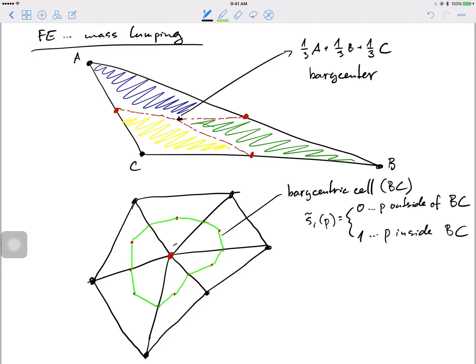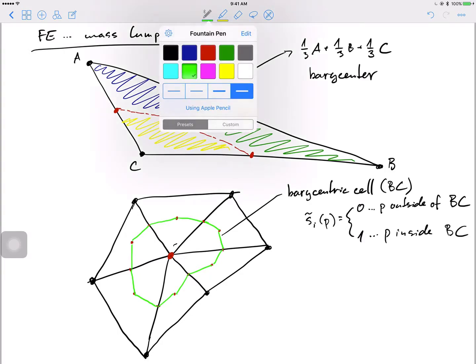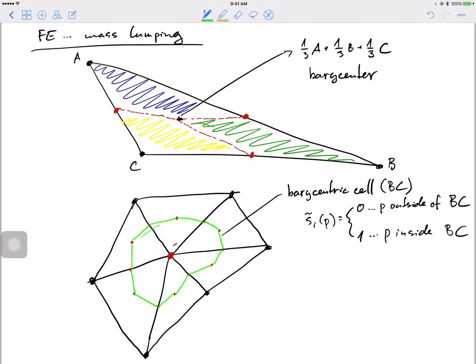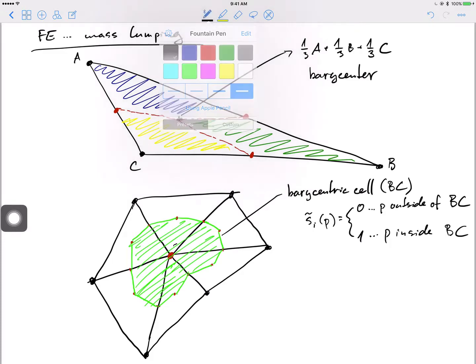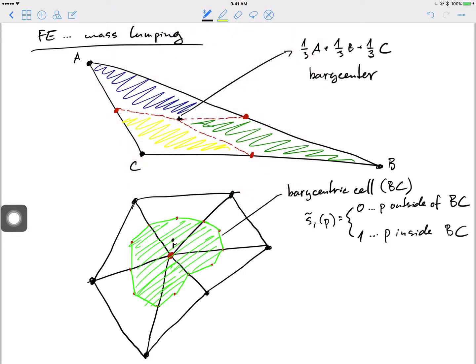So what that means is I can define a shape function such that it is 1 everywhere inside this barycentric cell, it does not have to be convex, and is 0 everywhere else. That's the shape function corresponding, if this is vertex number i, to this node.